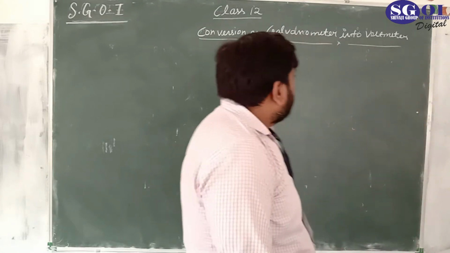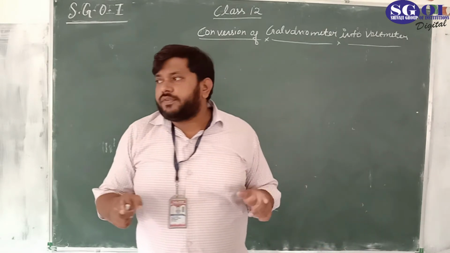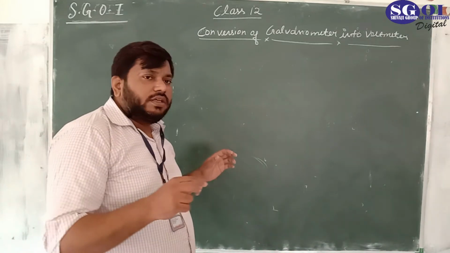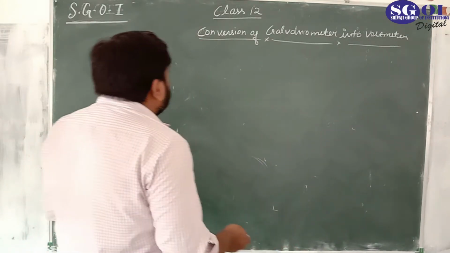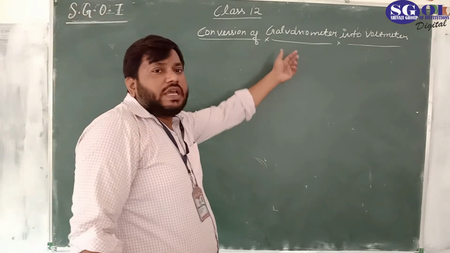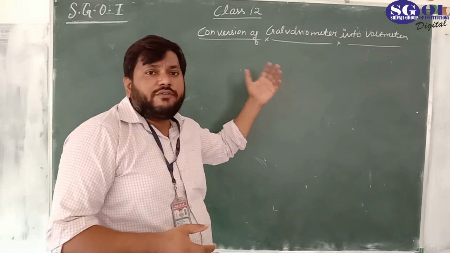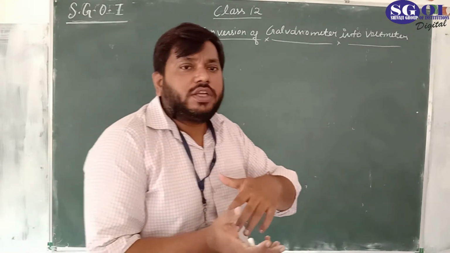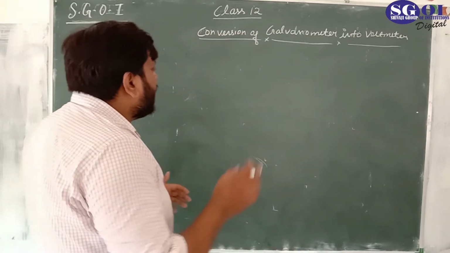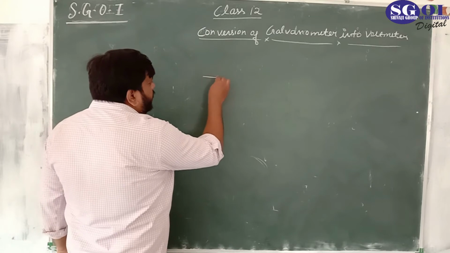So what is the use of voltmeter? It is used to measure the potential difference across a particular element in which the current is flowing. So how would we change the galvanometer into a voltmeter? Just like we have just seen, the galvanometer is modified into the ammeter by applying a shunt resistance in parallel to the galvanometer. Let's see the concept of voltmeter.